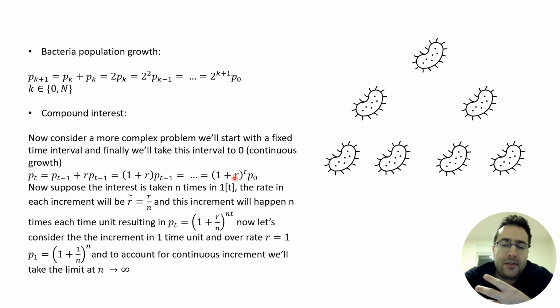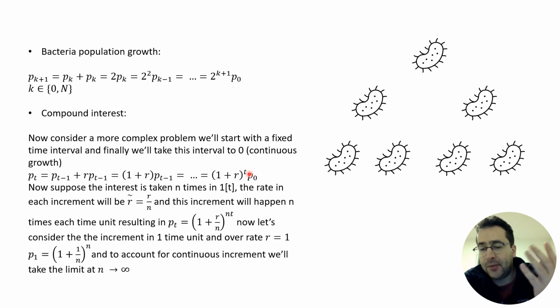But this still doesn't account for the continuity of the problem. In order to do that, we will take t to be one time span, and we'll take this one time span and split it into n growth cycles, each of which will have r over n interest rate.